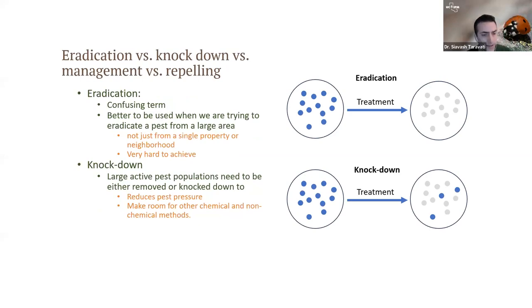Just quickly, because I don't have much time: eradication versus knockdown versus management and repelling. Eradication is a confusing term, but I like to use it when we're trying to kill or remove all the colonies of a species from a larger area, like a city. Knockdown means when you want to really hit the infestation hard so that you can do other stuff, to get relief from the pest pressure.